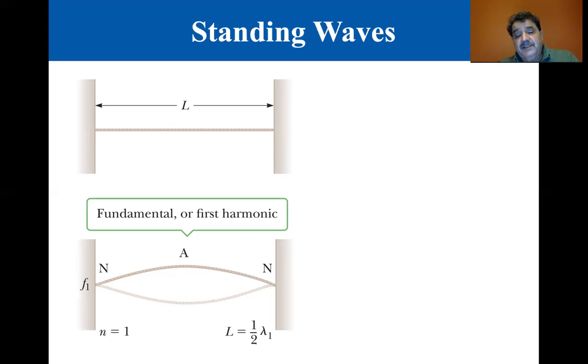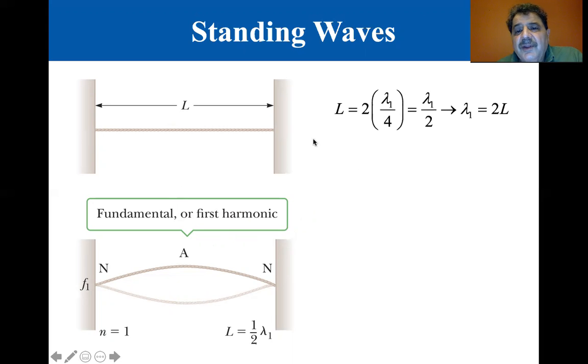So the length is equal to 2 times lambda over 4. In other words, from node to antinode is a quarter wave, and there's two of them on either side of the antinode.